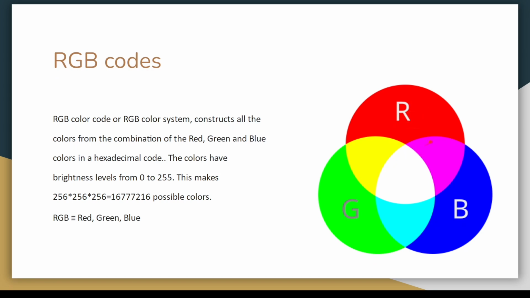And over here, there's no green. So red and blue at max equal this purplish pink. Red and green at max with no blue equal yellow. And green and blue at max with no red equal this turquoise-ish shade. And since this is only one of the brightness levels, there's actually 255 more, which means there are a lot of other colors.